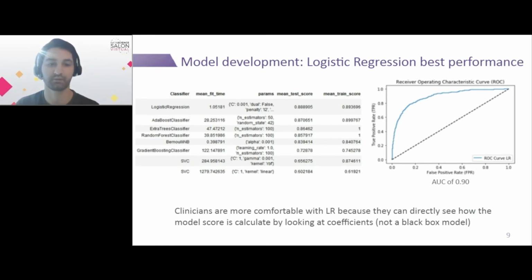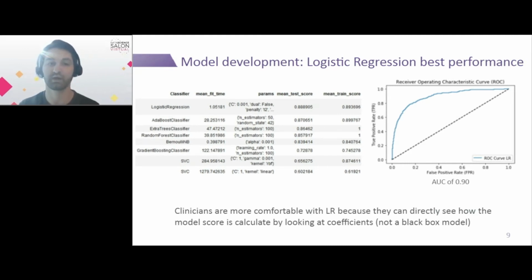I'd also like to note that we didn't explore a bunch of other predictive models like neural networks, or spend a lot of time trying to get something like the gradient boosting classifier to perform better than it did, because clinicians are much more comfortable with logistic regression because they can directly see how the model score is being calculated by looking at the coefficients.